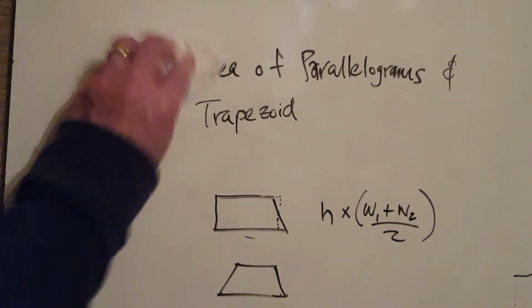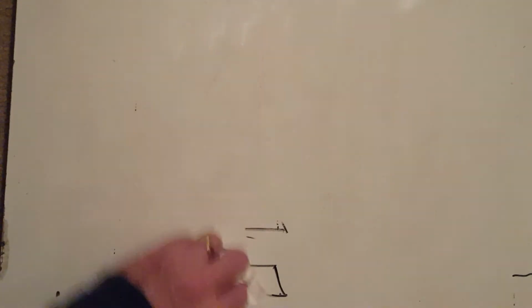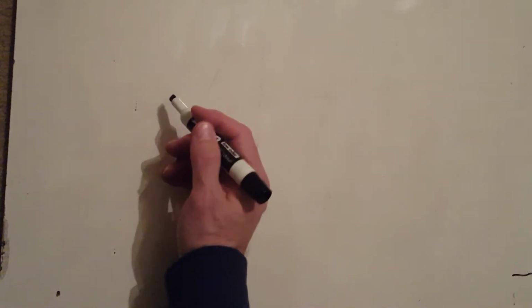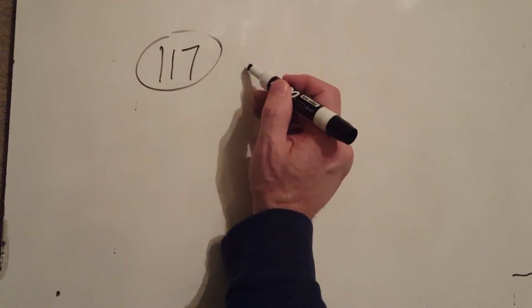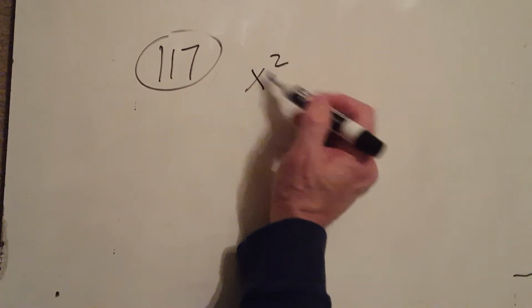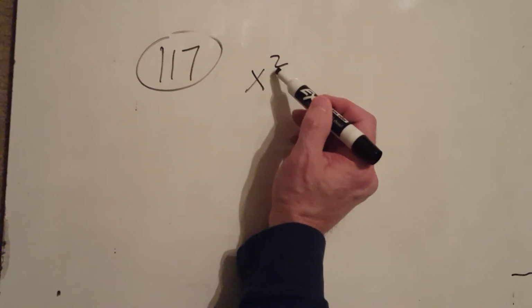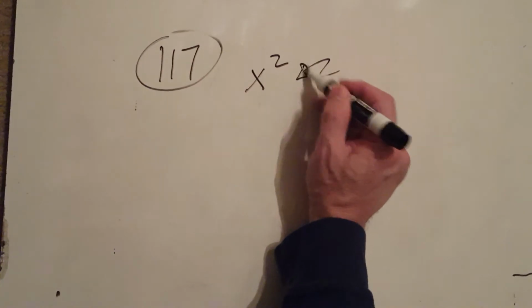Equations with x squared. Okay, so that's called a second order equation. An equation involving x squared is called second order because of that exponent of 2.